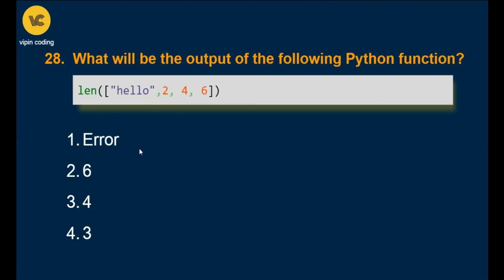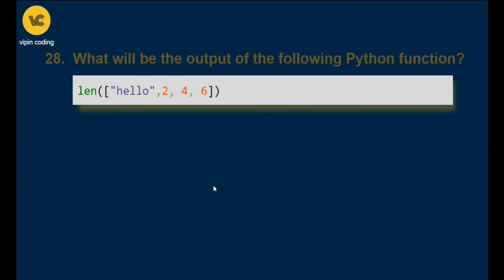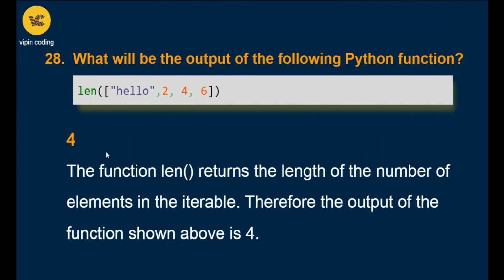Now the options are error, 6, 4, 3. Now what will be the output? Output would be 4, as there are 4 elements: 1, 2, 3, 4. The function len returns the number of elements in the iterable. Therefore, the output of the function shown above is 4.